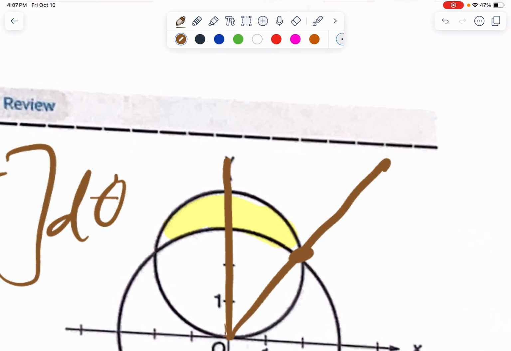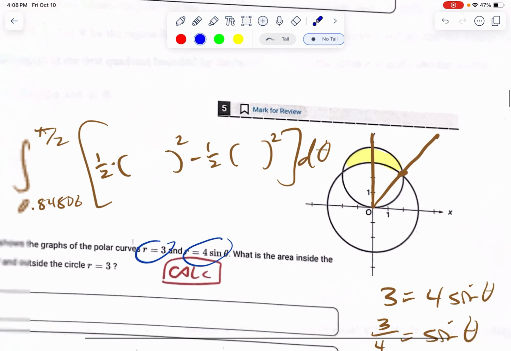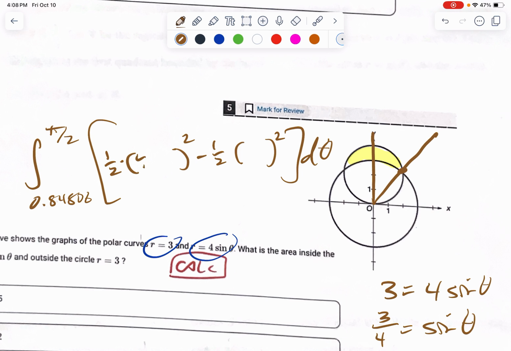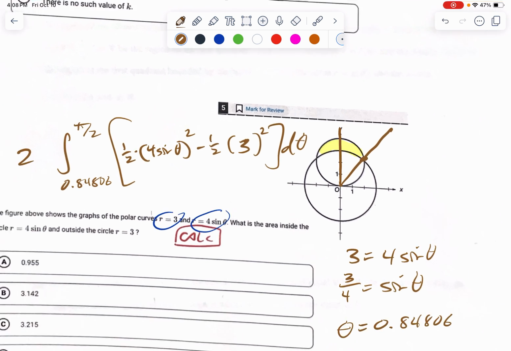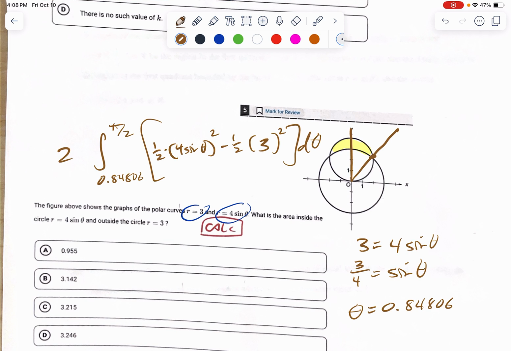Our entire problem lives between these rays. The outer one is the one with sine, the inner one was just R equals 3. So let me put this in my calculator. You might notice the 2 cancels the 1/2. That could save you a little bit of time.